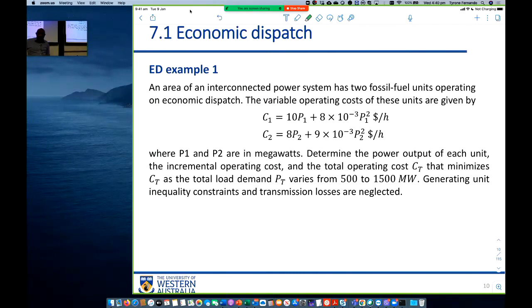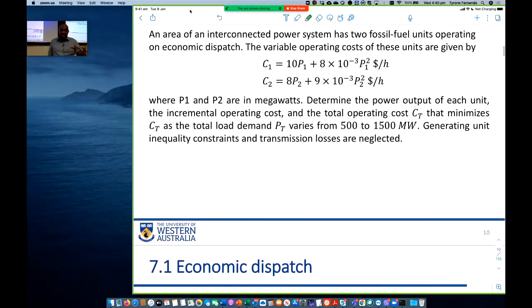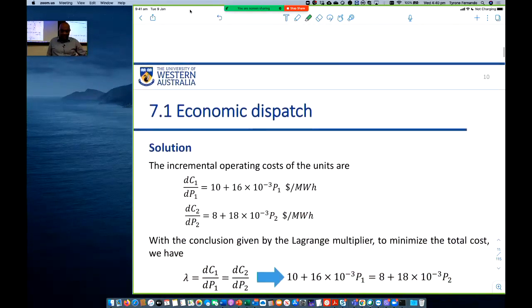So when you want to optimize it, we need to calculate the derivative of C1 with respect to P1, so we look at dC1/dP1 and dC2/dP2. When it's optimized, those two incremental costs need to be the same, and that's the value lambda, and power generated must equal the demand. That's what the equations are telling us.